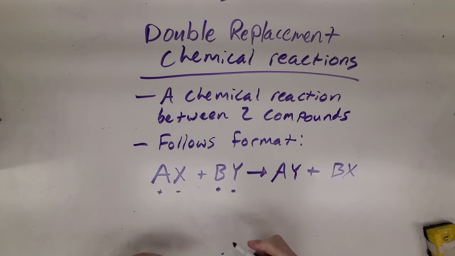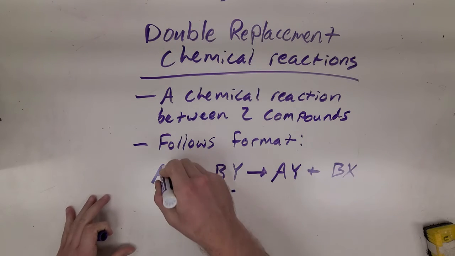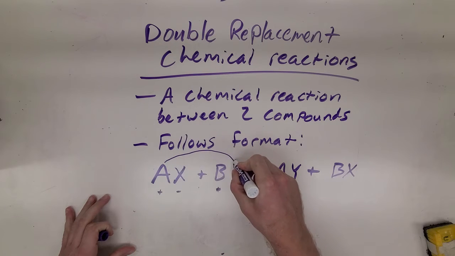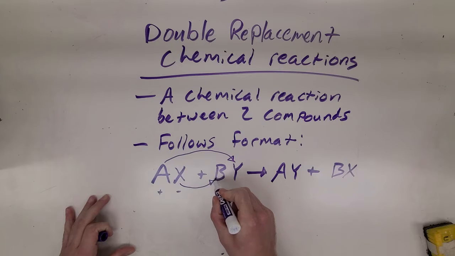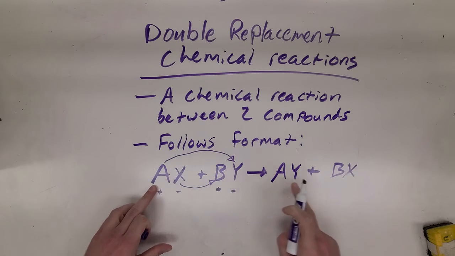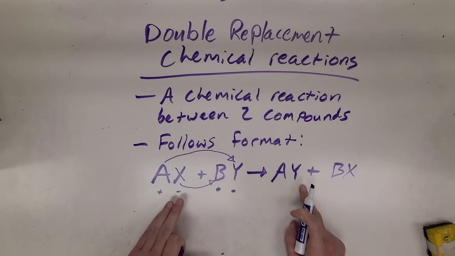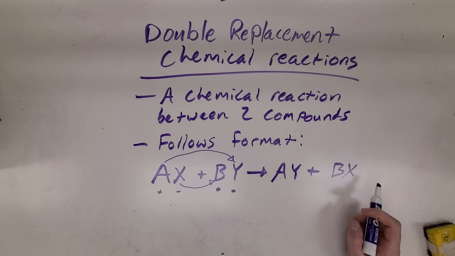And when they undergo their chemical reaction, they're going to want to separate from the element that they are currently bonded with and bond with the element of the opposite charge in the other compound. So we end up with A bonding with Y over here and element X bonding with element B over here.